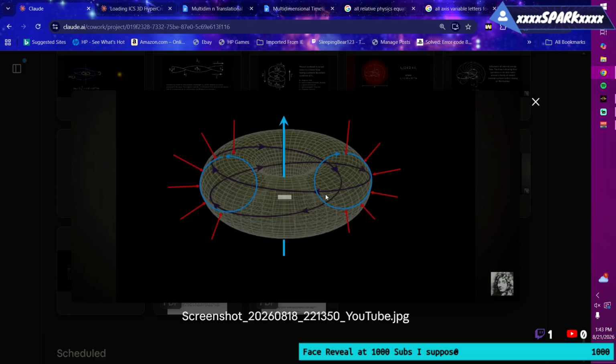So this is interesting because not only do we get the vectors for the electromagnetic field depending on the shell, whatever dominant shell energy an atom will have, just imagine this is a hydrogen atom or something like that, and this is the electron going around that hydrogen atom. So something like that.